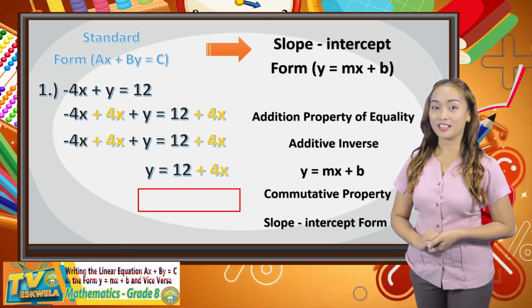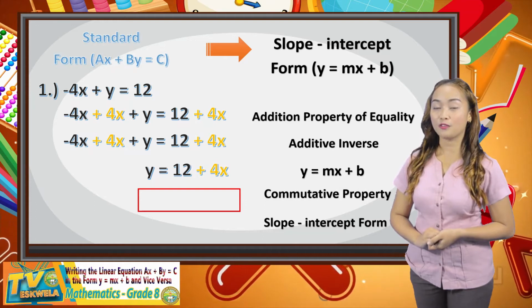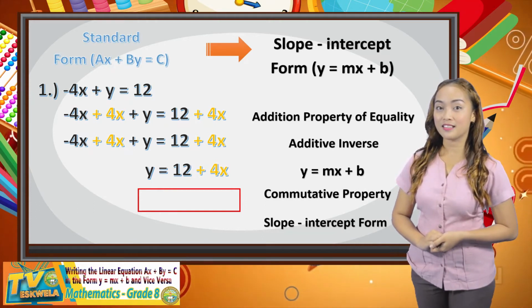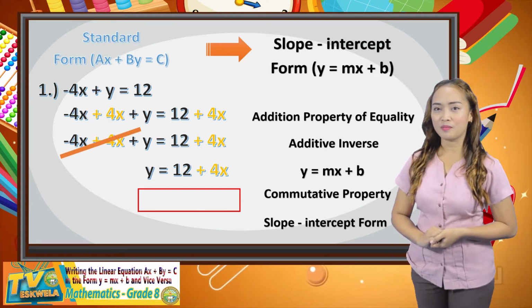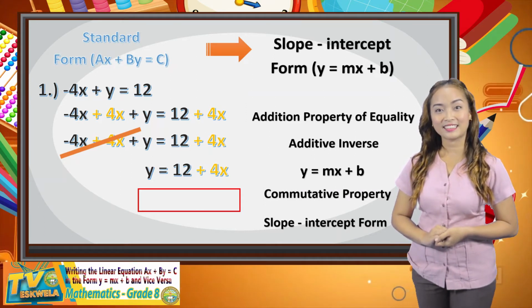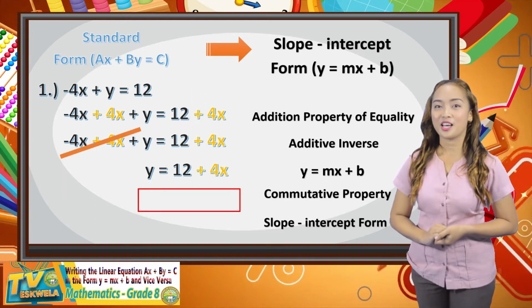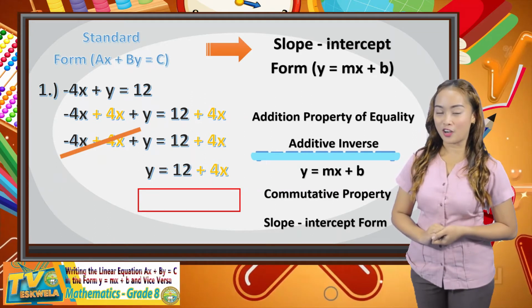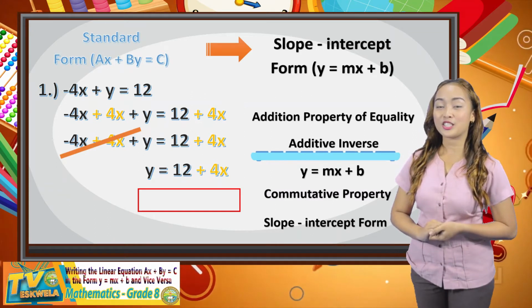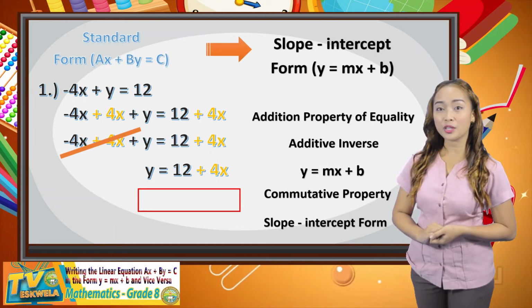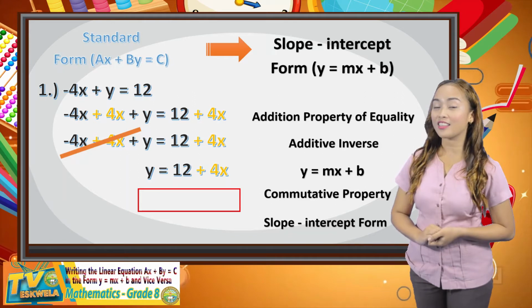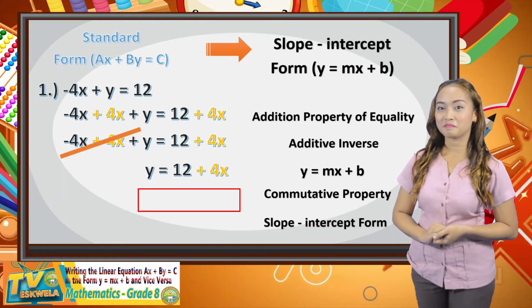Negative 4x plus 4x is 0. This is cancelled out by what property? By additive inverse. And as you can see, only the variable y remains on the left side.